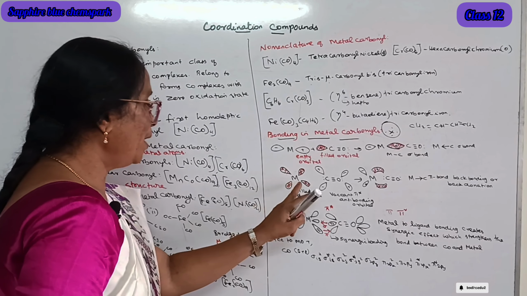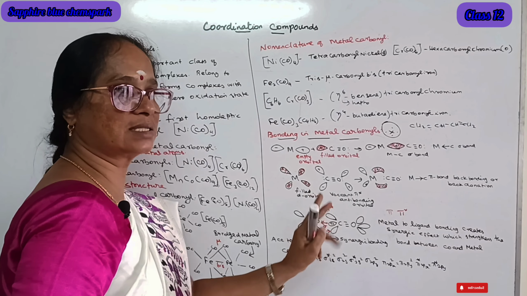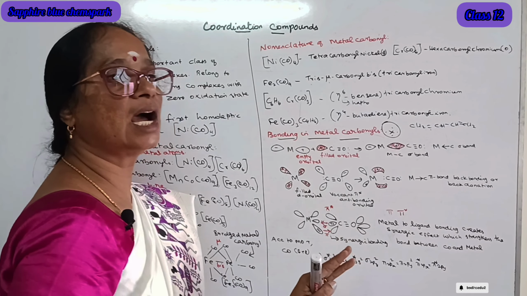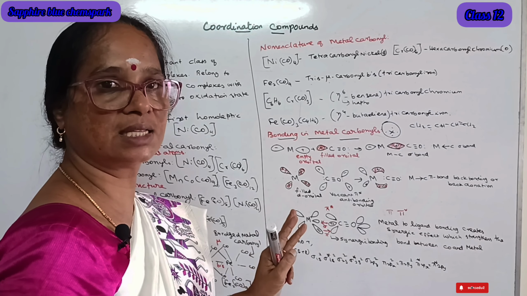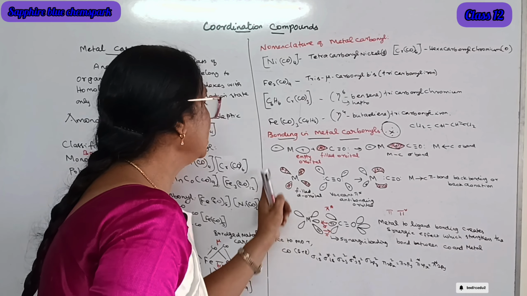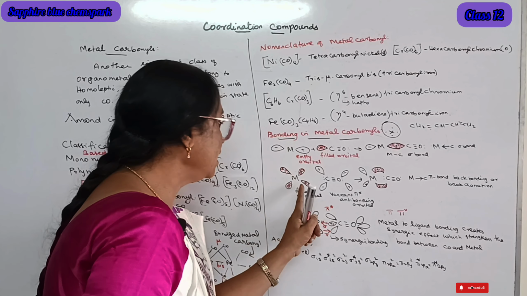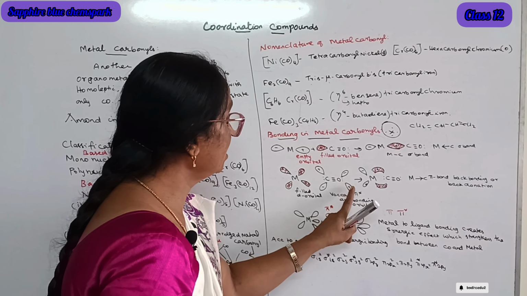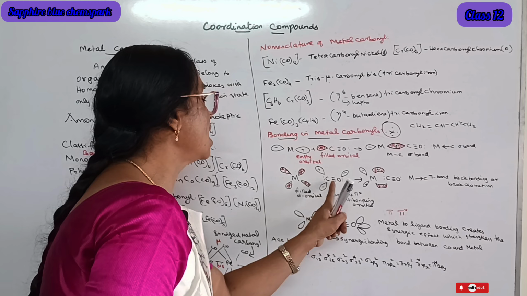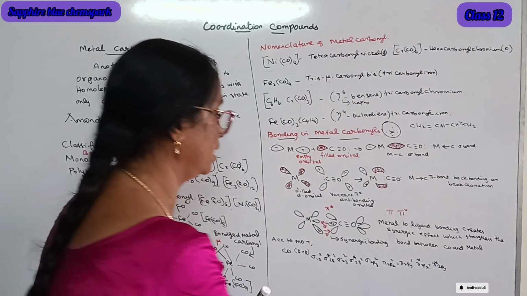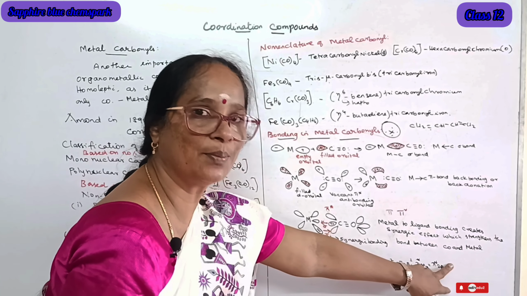Now the metal has filled d orbitals, because carbon monoxide forces all the d orbital electrons and s orbital electrons together into the d orbitals themselves. Therefore the metal has filled d orbital electrons. The filled d orbital can give its electron pair to the anti-bonding pi star orbital of carbon monoxide. Here we have the anti-bonding pi star orbital of carbon monoxide.